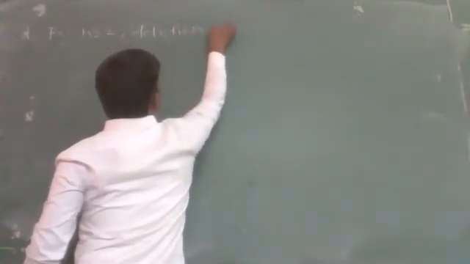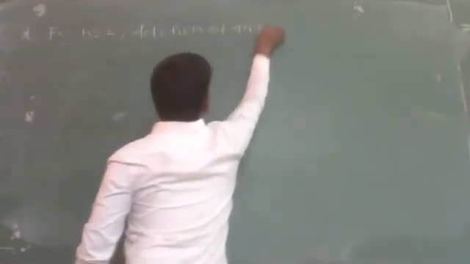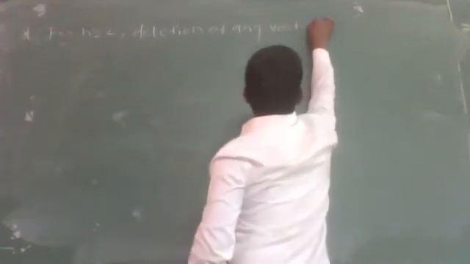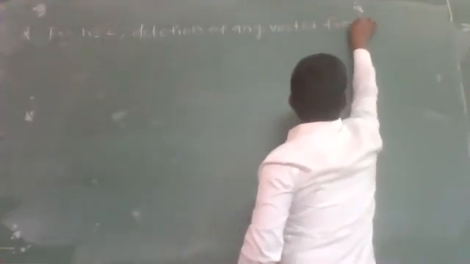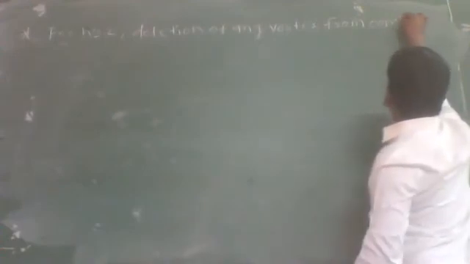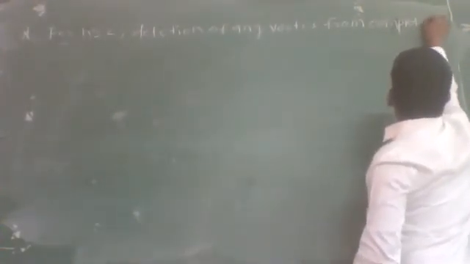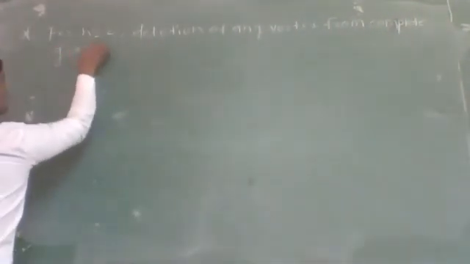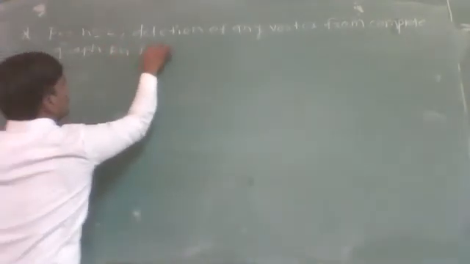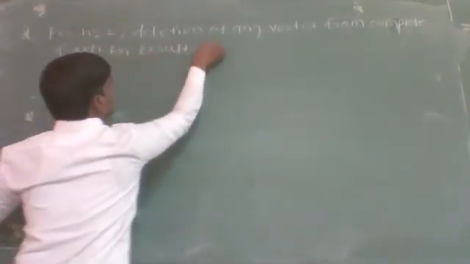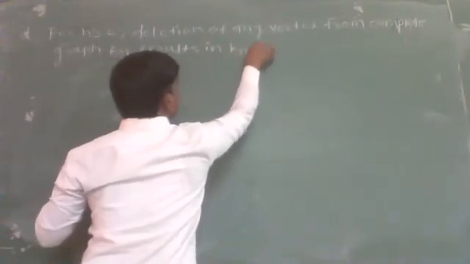Now, for a complete graph, deletion of any vertex from the complete graph Kn results in Kn minus 1.